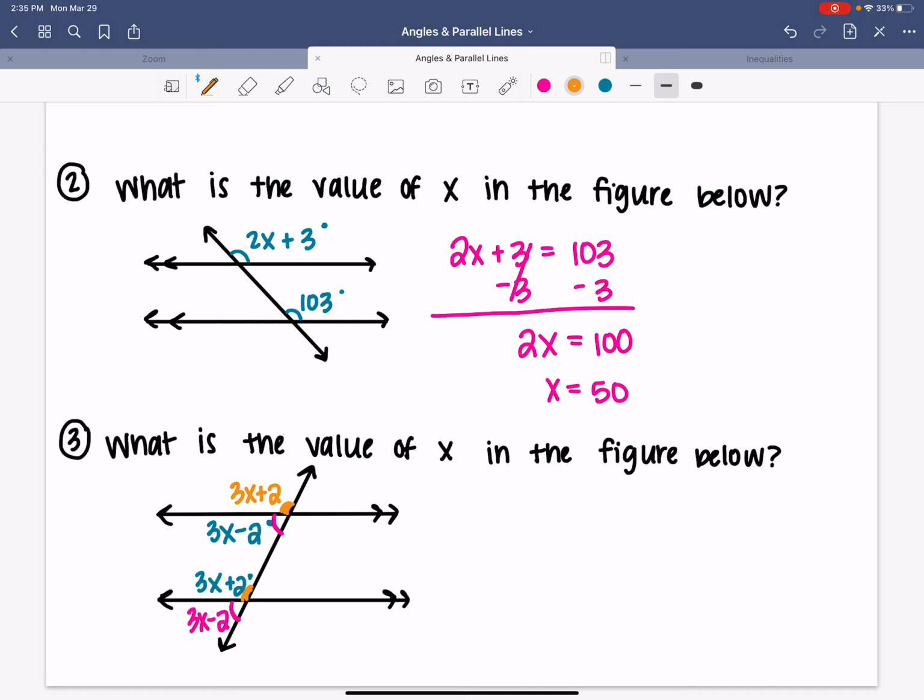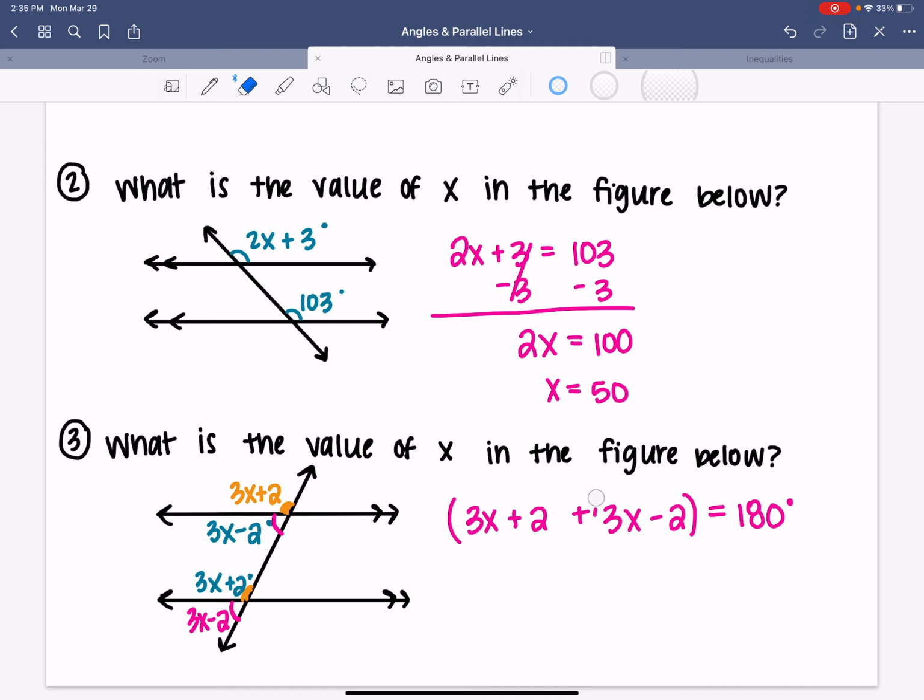Whichever way you go about it, you're going to have to add them together to get 180, because both of those form a straight line. So 3x plus 2 plus 3x minus 2 equals 180. So we can drop the parentheses at this point because we don't have to distribute anything.